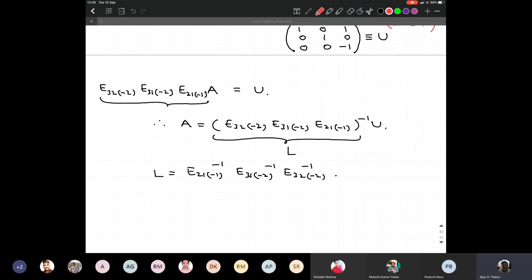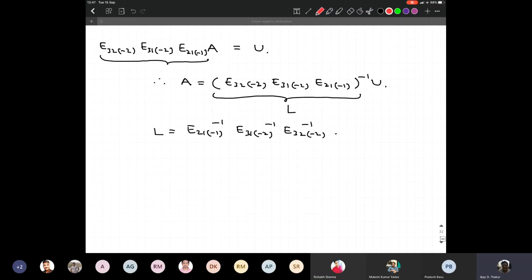So basically on the left hand side you will have an identity times A, which is A, and on the right hand side you will have the inverse of these quantities E32 minus 2, E31 minus 2, and E21 minus 1, and that applied on U would lead us to A. So therefore our required L matrix is going to be the inverse of E21 minus 1, E31 minus 2, and E32 minus 2.